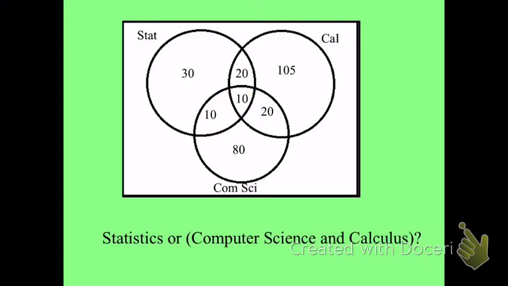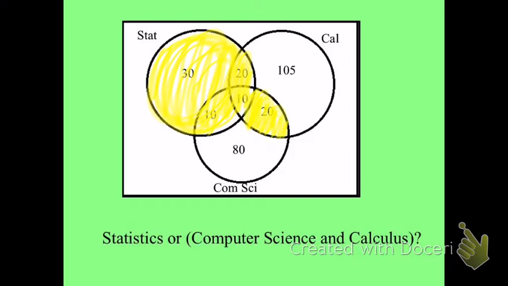Statistics or computer science and calculus. So when I have this, I'm going to shade all of statistics, all people taking stat. That's this whole circle. I'm also going to shade the intersection of comp sci and calc, which is 20.